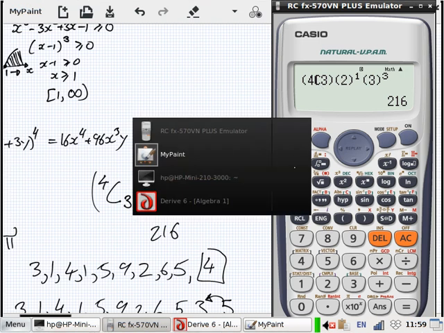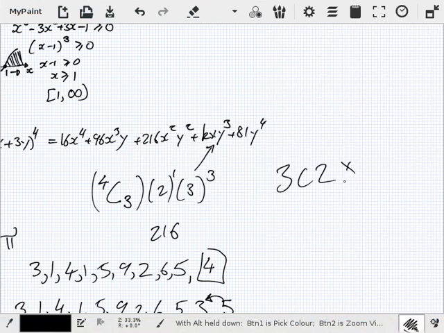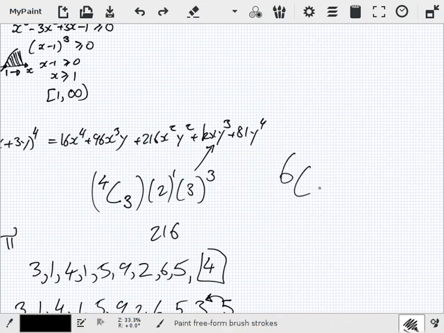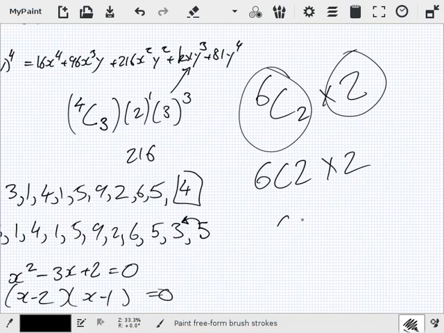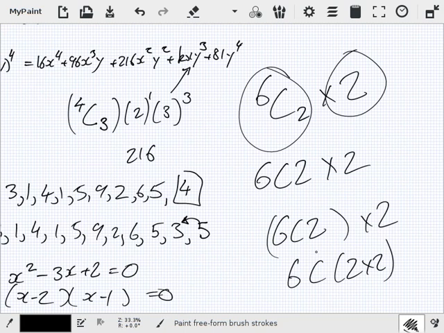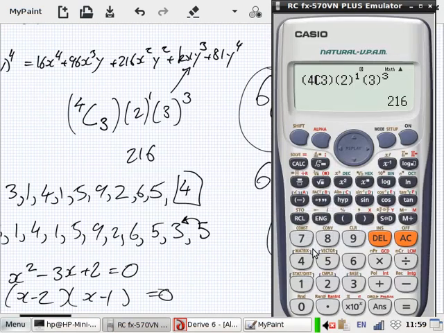Like if I wrote down 6C2 times 2, clearly I want you to do this and then this. But if I type in 6C2 times 2, do I mean 6C2 times 2, or do I mean 6C of 2 times 2? So you just wouldn't know with the calculator unless you use brackets.